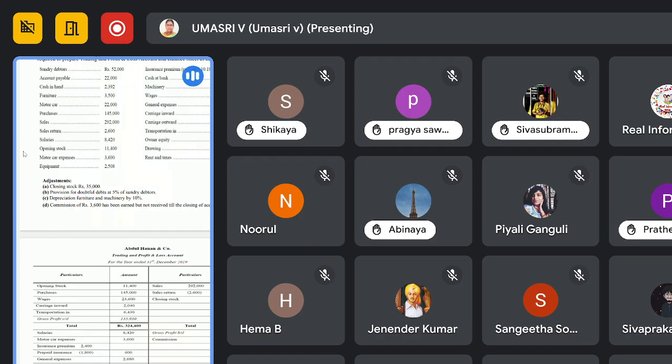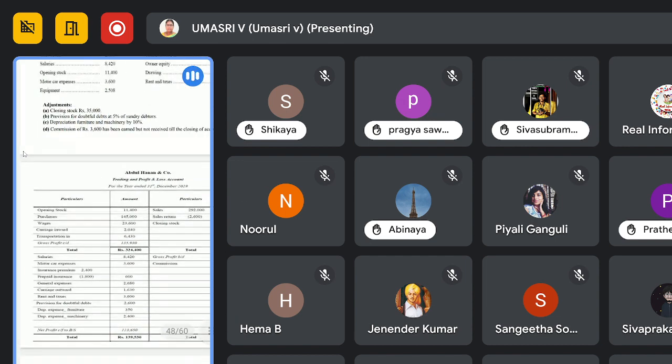Suppose provision for bad and doubtful debts is given in the trial balance. In this problem, it is given in the adjustment. If it is given in the trial balance, that is called old provision. So how do we adjust it in the profit and loss account debit side?